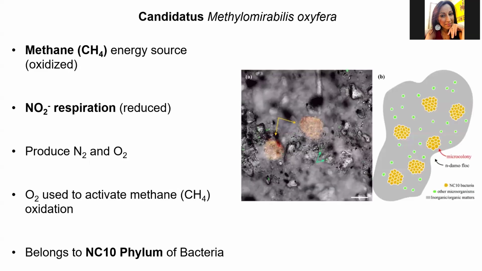And finally, Candidatus Methylomirabilis oxyfera, or how I call it, Oxifera. A very beautiful methanotroph, which means it is oxidizing methane. And don't get confused with methanotroph versus methanogen. A methanogen is the organism that produces methane as a part of metabolism.